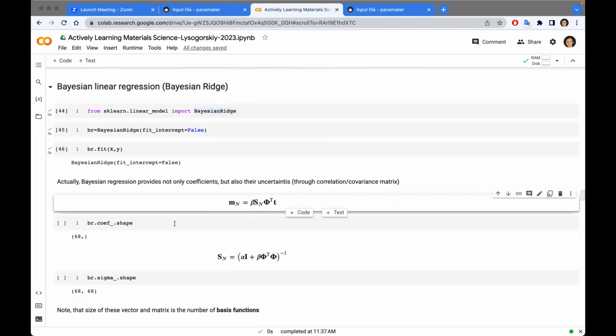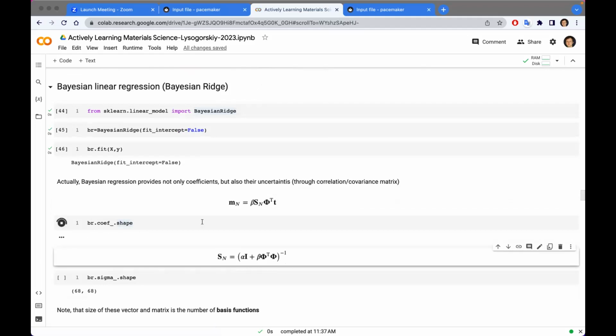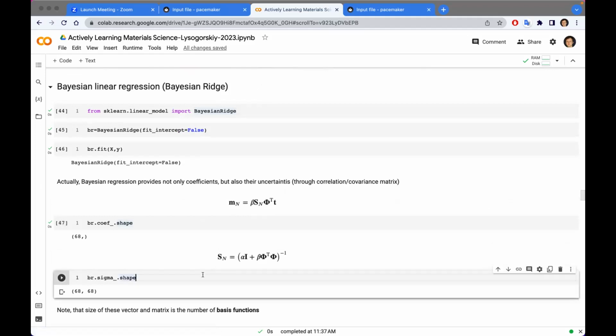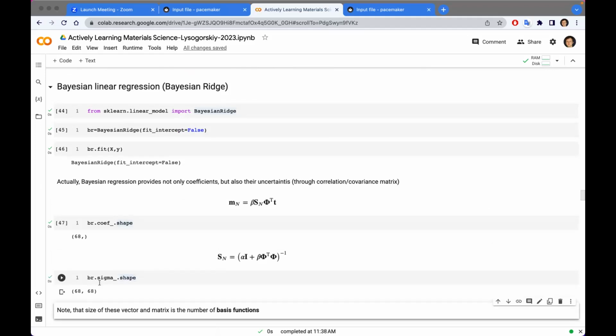So actually these are the 68 coefficients, computed in such a manner. This is a design matrix, this is a target property t. This is some S_N matrix, sigma, which is computed in such a way, and that's a 68 by 68 matrix by itself. Why 68? Because we have 68 basis functions.